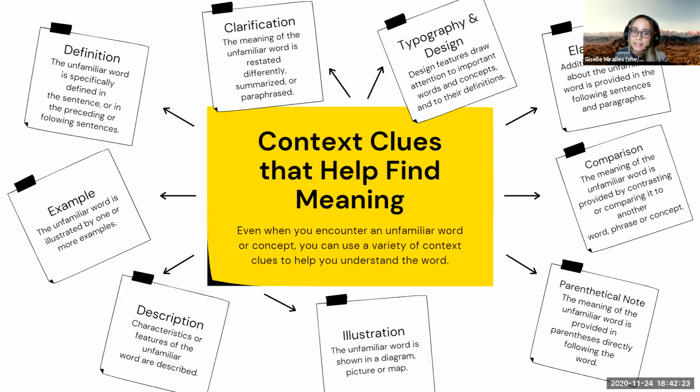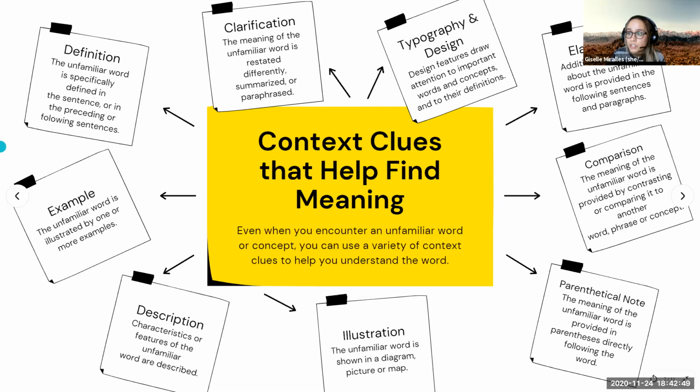All right. So as I said, for step two, I am going to provide the different types of context clues that help find meaning. Even when you encounter an unfamiliar word or concept, you can use a variety of context clues to help you understand the word that you've encountered. I'm just going to start up here with clarification.